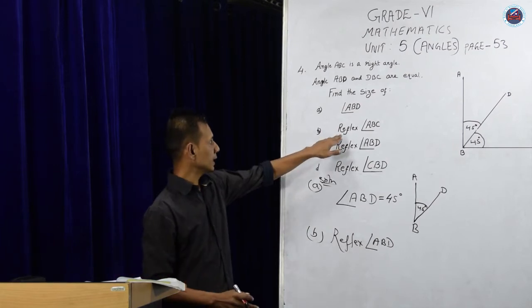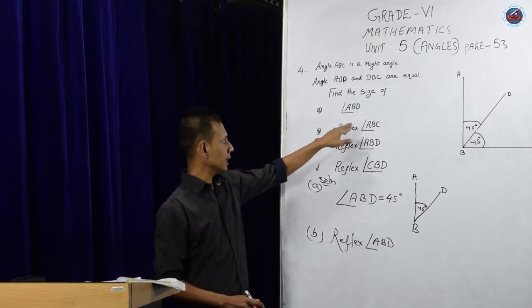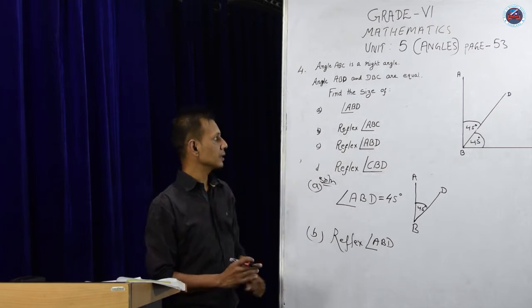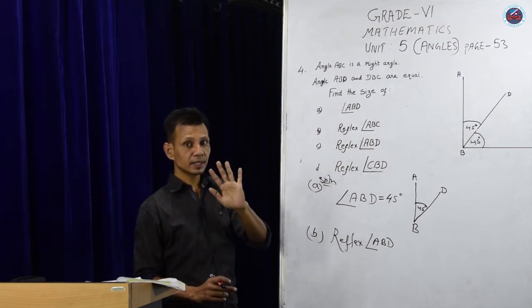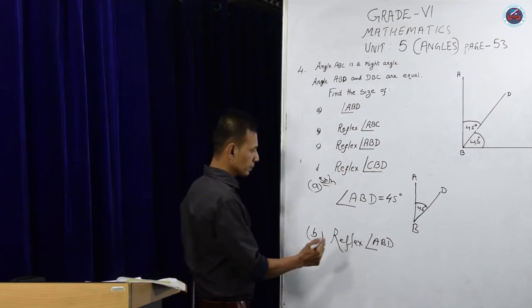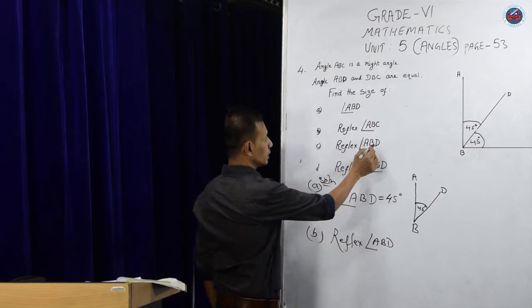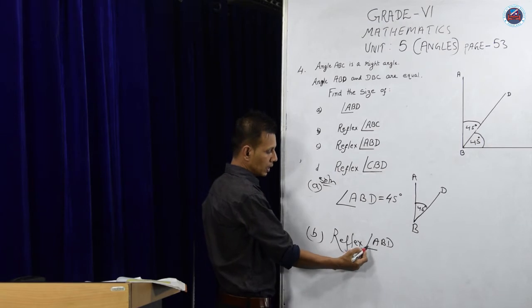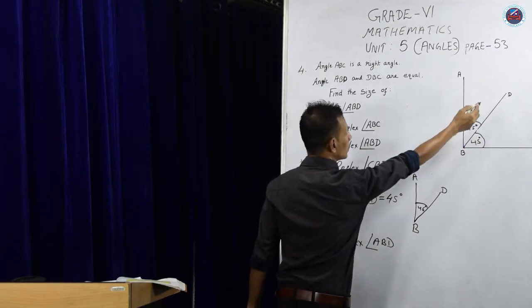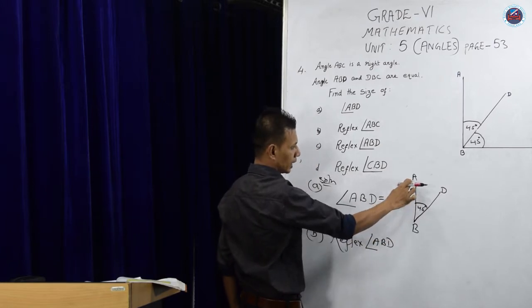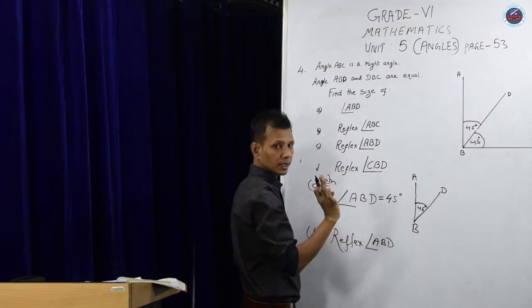That's all you do. Find the reflex angle of ABC. Now first your duty is to find the reflex angle of ABC. Draw ABC. Sorry, ABD. I wrote reflex angle ABD. Now I'll find out where is ABD. You just look at ABD. You got it?